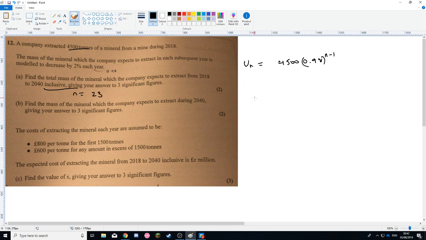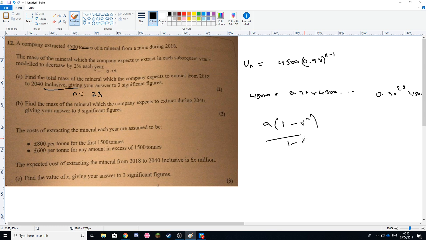So that's the sum: 4,500 plus 0.98 times 4,500, etc., up until 0.98 to the power of 22 times 4,500. So the formula is a times 1 minus r to the n, over 1 minus r.